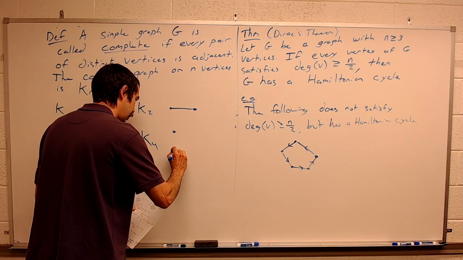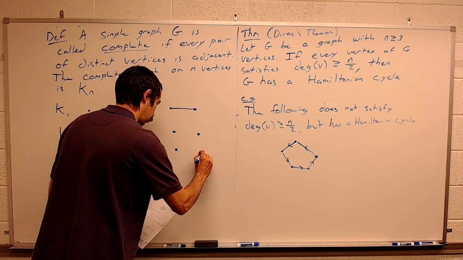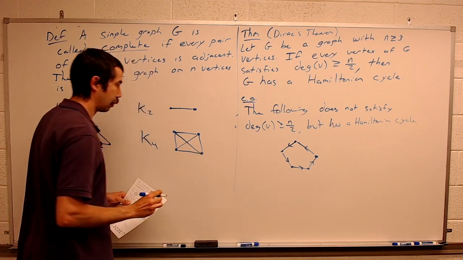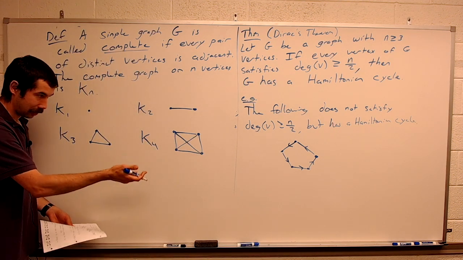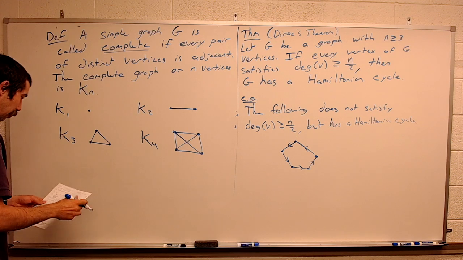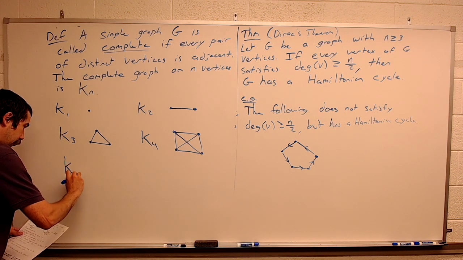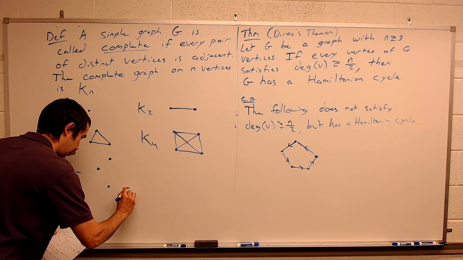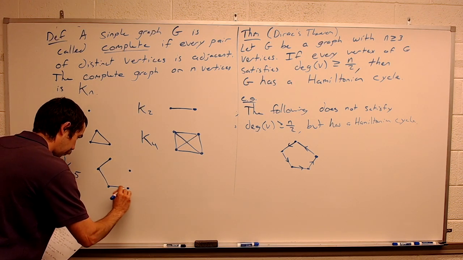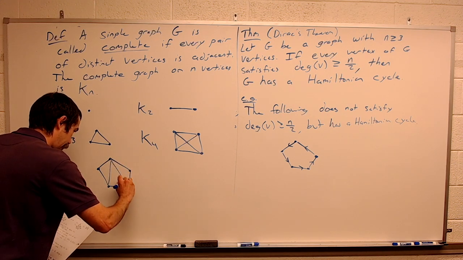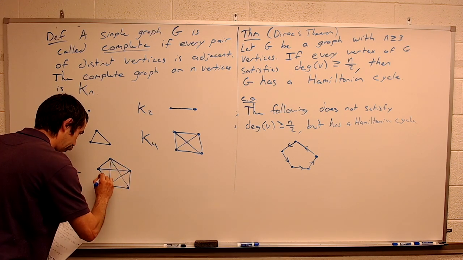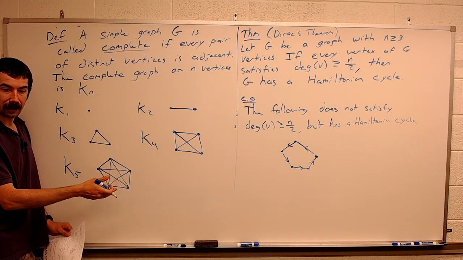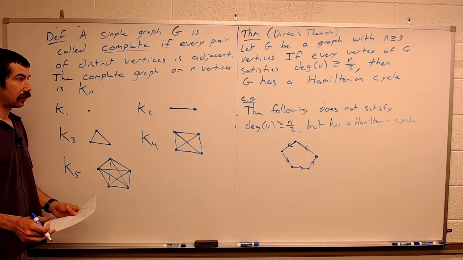K4 has four vertices. Every pair is adjacent. And then I'll do one last one. K5 has five vertices. And again, every pair of vertices is adjacent.